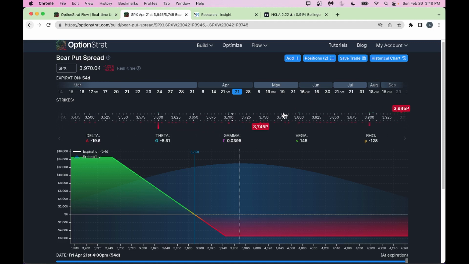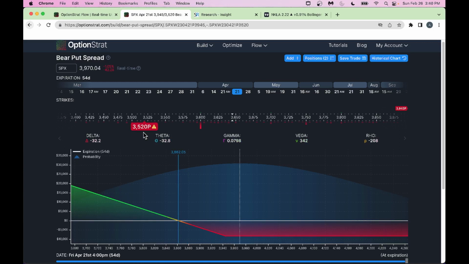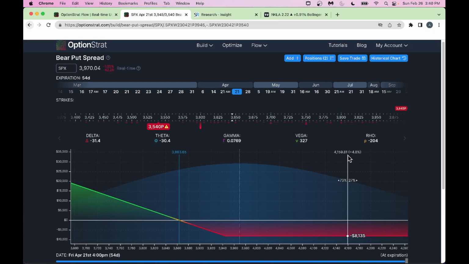We're going all the way down here, 3540, because we don't want to lose much money here, and we'll basically buy all the way to 34.